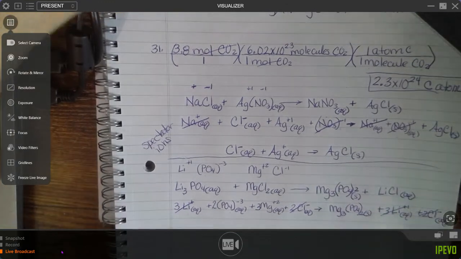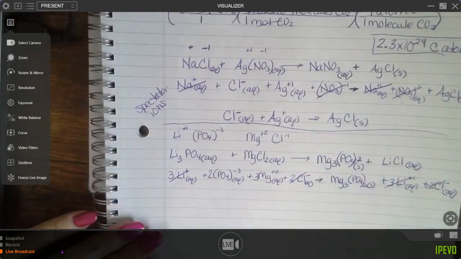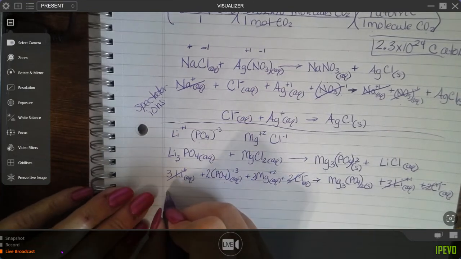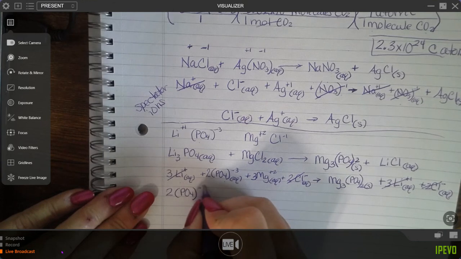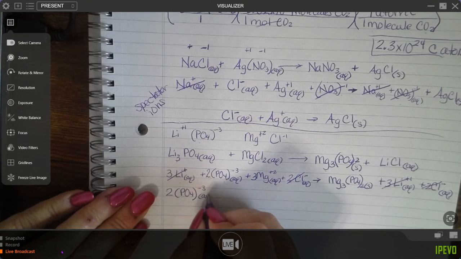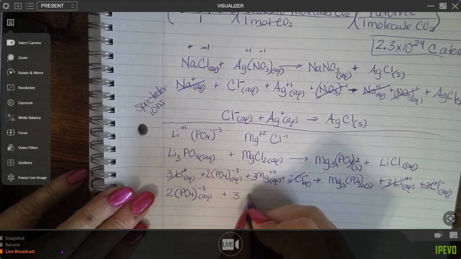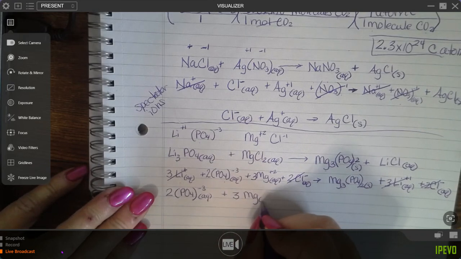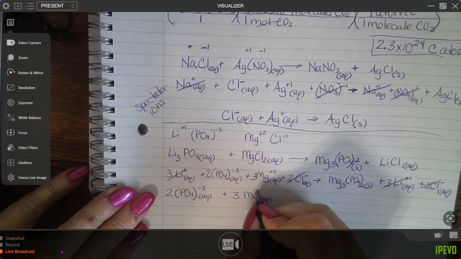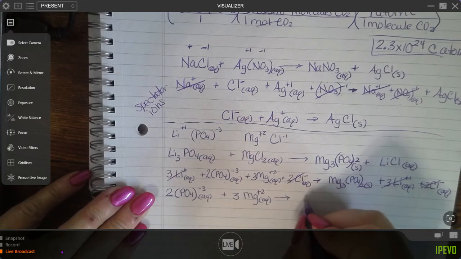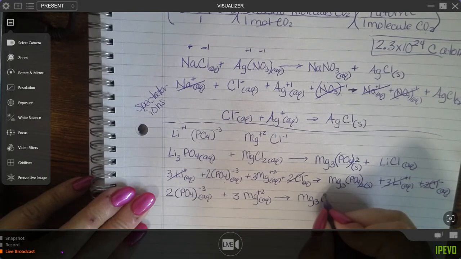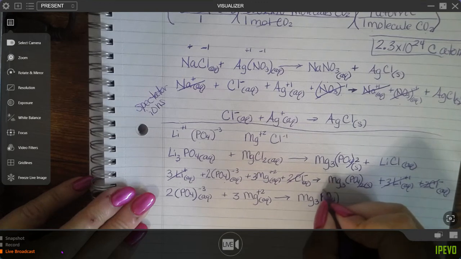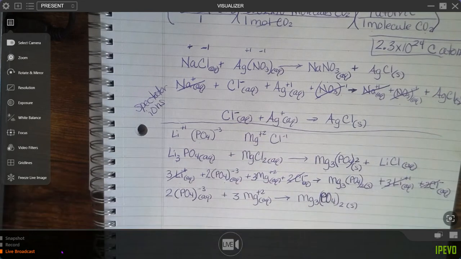So finally, our net ionic equation is going to be 2 phosphate ions combined with 3 magnesium ions to produce Mg3(PO4)2 solid.